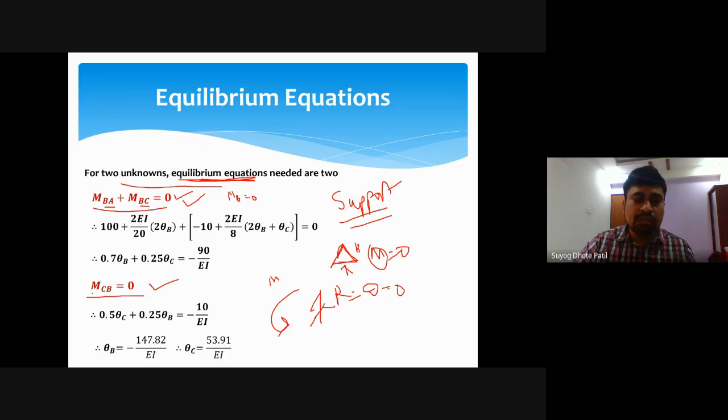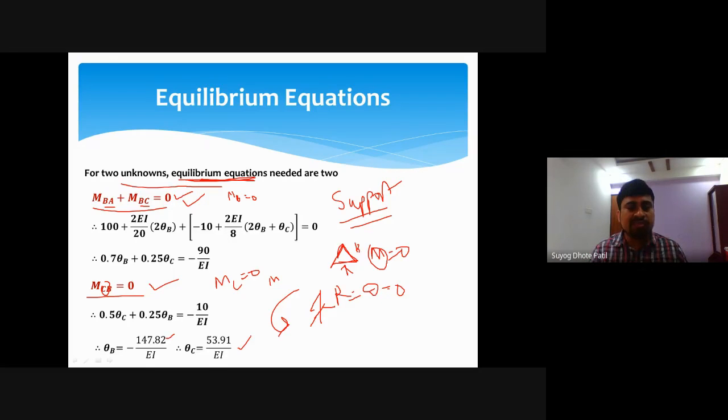Similarly, moment about C will be equal to 0, and its contribution will be in CB. By considering this, we have the value of theta B and the value of theta C.